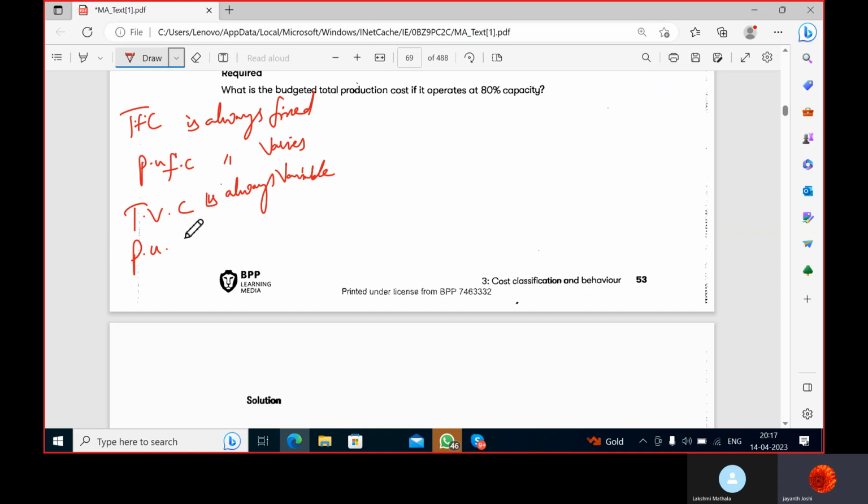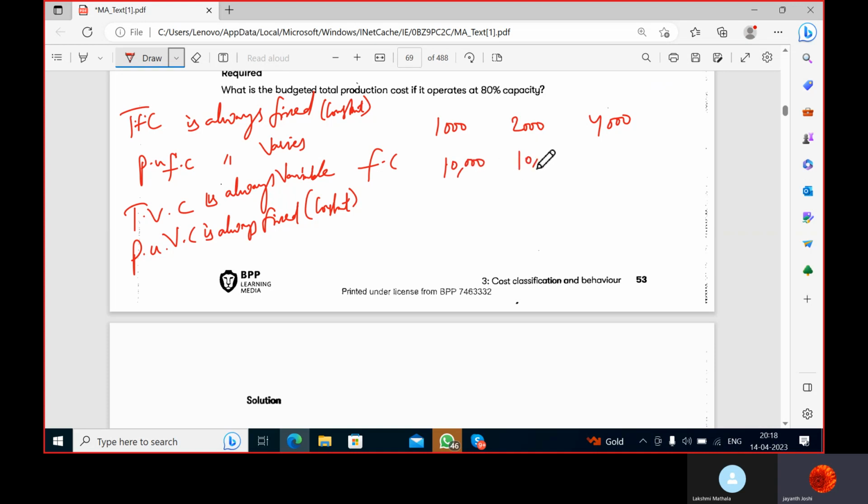Per unit variable cost is always fixed or constant. Fixed is nothing but constant. So if I take 1000 units, 2000 units, 4000 units, and my rent is 10,000 fixed cost, then for all the levels, my total fixed cost is always fixed.